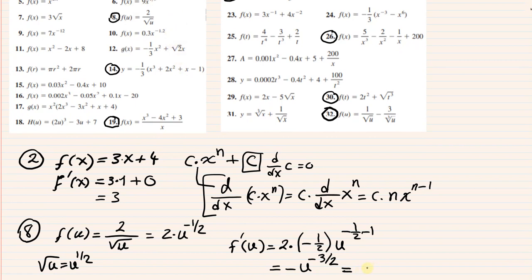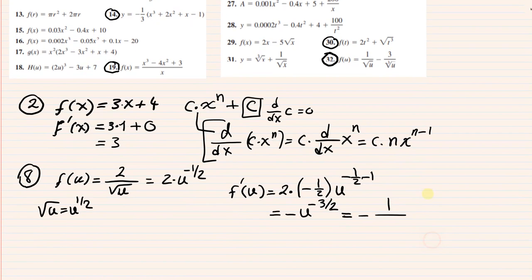So I'm going to rewrite this as negative 1 over u to the 3/2. That's good enough for our work. We try to use positive exponents. Again, this answer is not wrong, it's just not complete. We have to simplify all answers.